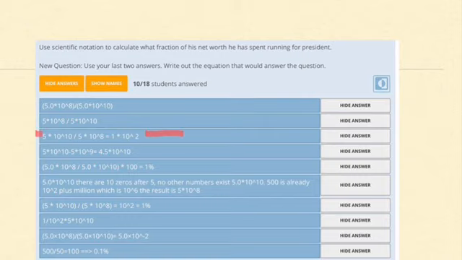And then you could ask yourself, is that the right way to produce the fraction we're looking for? So you can look at the way the equation is set up, but also the answer it produces. It comes in scientific notation, 1 times 10 to the second power, which would be a 100. Is that the sort of thing you were looking for?